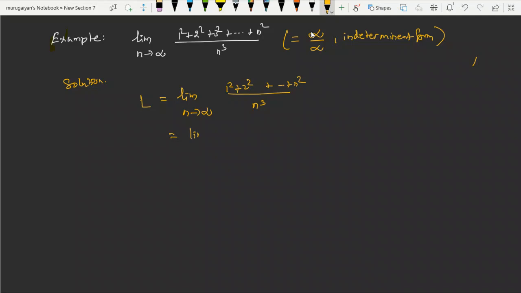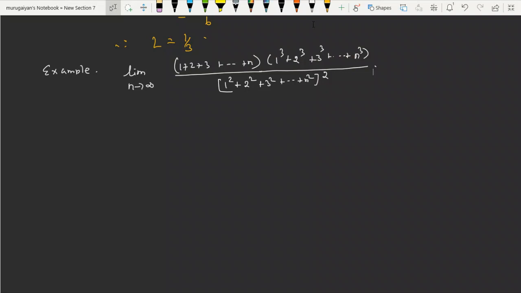Using the special sequence formula, 1 square to n square is n(n plus 1)(2n plus 1) by 6. Applying the shortcut, what is the coefficient of n cube in the numerator? 2. In the denominator? 6. Therefore, the final answer L equals 1 by 3. So this is the answer.